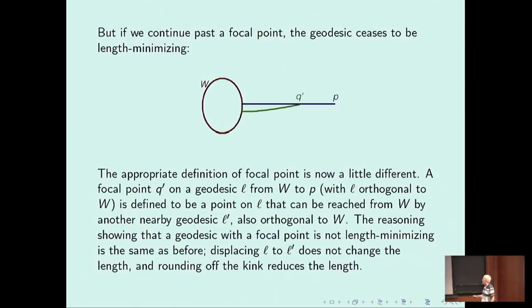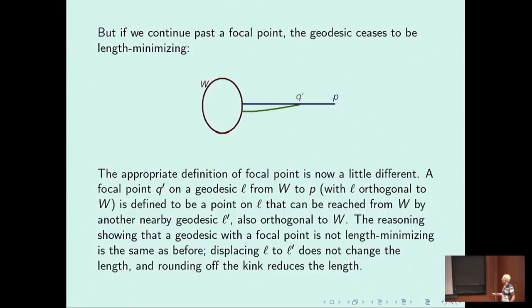And the displacement, so now we have a path from W to P, which has the same length as before, but it's not a geodesic. It has the same length because we deformed from here to here, still solving the geodesic equation. Since geodesics are critical points of the length function, any family of geodesics between given endpoints, or in this case, one endpoint fixed and the orthogonality condition, such a family of geodesics have the same length.